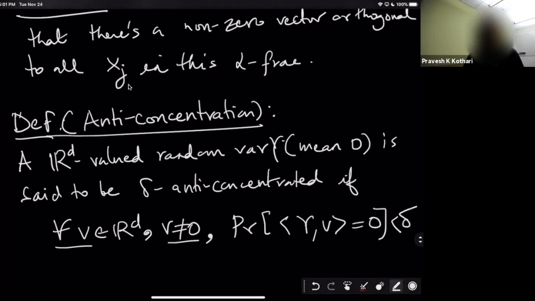Okay, so given the direction, the chance that y projects to 0 in that direction is less than this number delta. If that happens, I'm going to call it delta anti-concentrated.